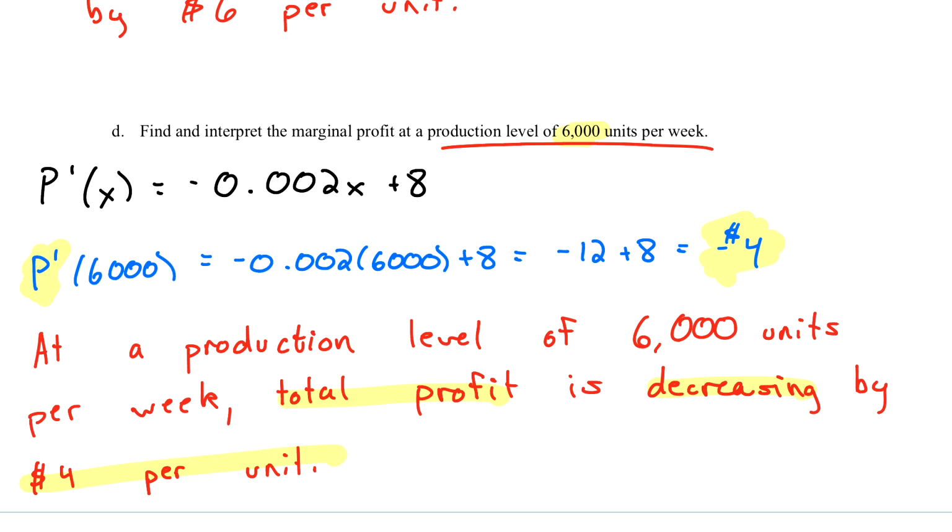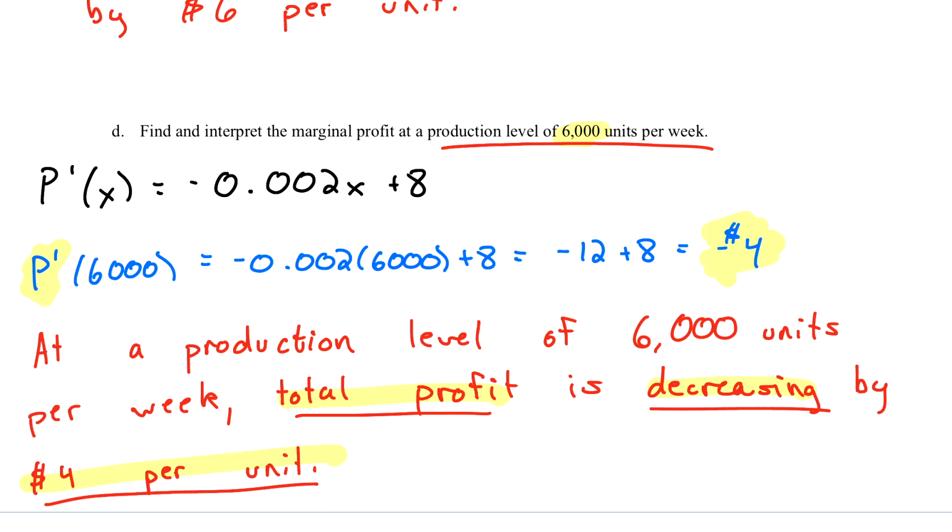So that actually seems like a bad move for my company. If I want to increase total profit, I actually don't want to increase my production, because this tells me that my total profit will decrease by about this amount. So we can use marginal profit to help us determine what makes sense for our business. If we want to increase our profit, we're looking for a positive marginal profit.